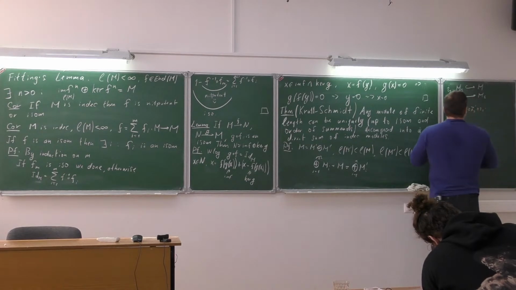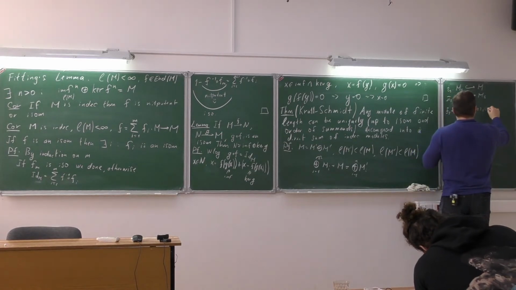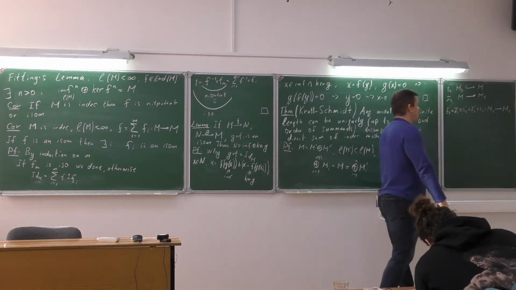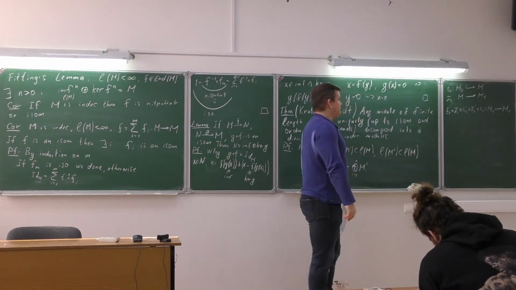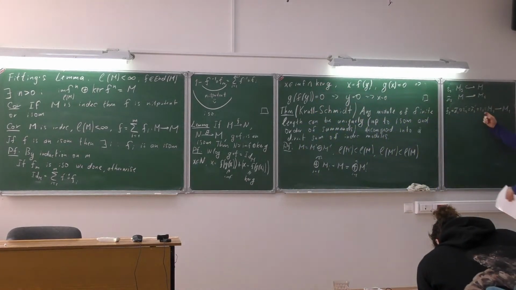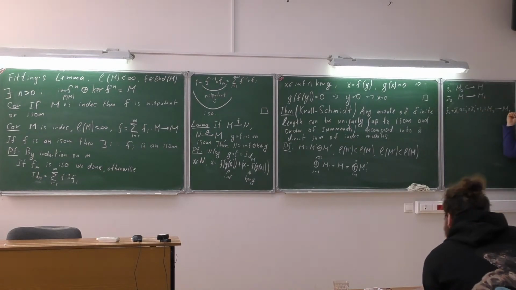So this will be a map from M1 to M1. If you just look at how these maps go, I hope it is clear that if you consider the composition of these 4 maps, you get a map from M1 to M1.